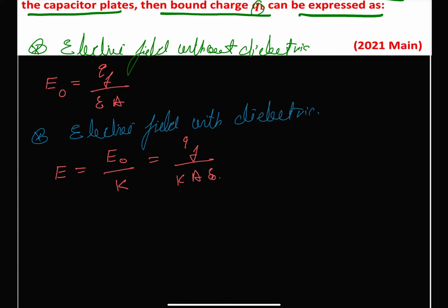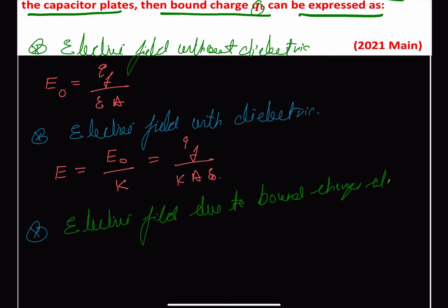Now we are going to find out the electric field due to bound charges alone, that is due to only the basic formula. Therefore we can write the electric field due to bound charges alone.